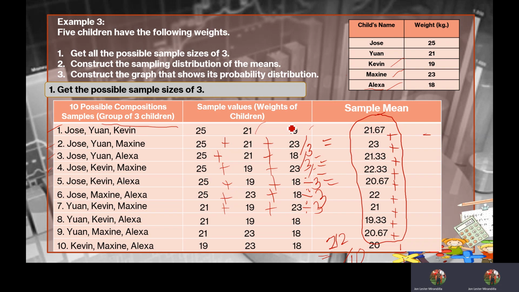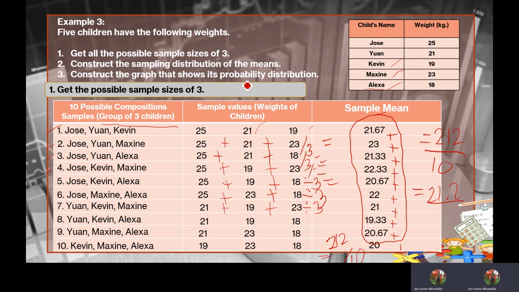So 212 yung total niya. Divided by 10 will give us the mean of what? I-divide lang sa 10 yan. 21.2. Ito yung ating mean. Ito yung mean sa ating sample means.